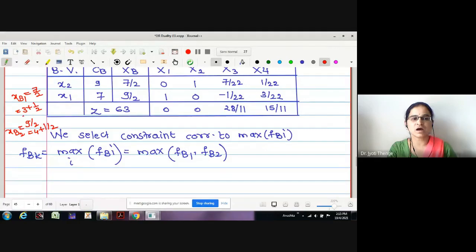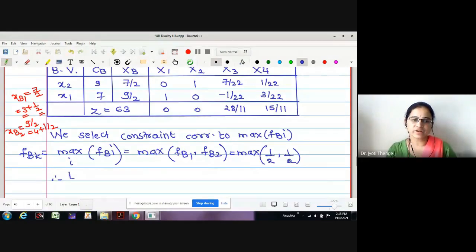This is the integer part and this is the fractional part. What is FB1? Half. What about FB2? Half. Both values are the same, therefore one can select any equation for the construction of the Gomory constraint.